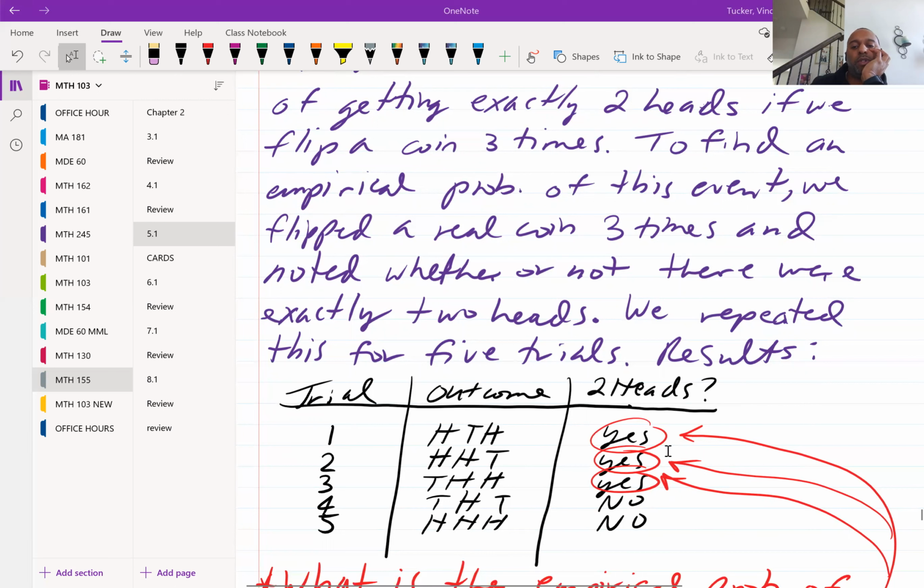Noticing the results, 3 times is when 2 heads occurred.